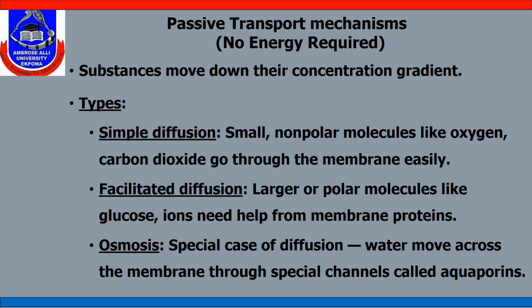The second is facilitated diffusion, which means the diffusion is facilitated. That is, the molecule moving across the membrane is helped by other membrane proteins. That is why it is referred to as facilitated transport.